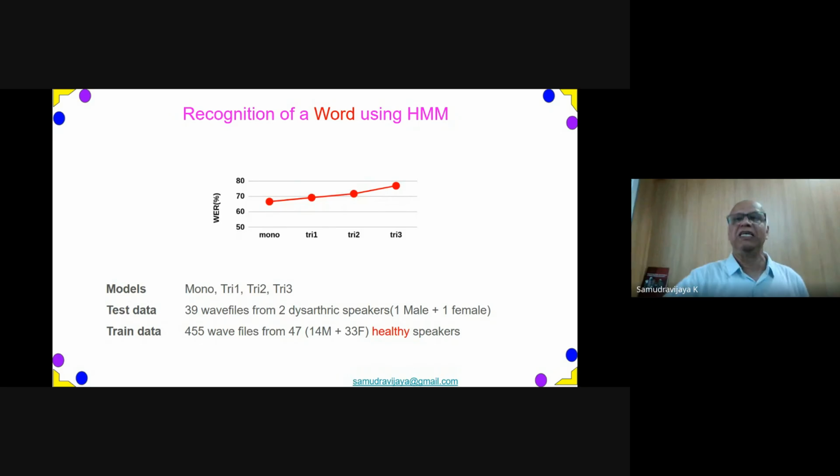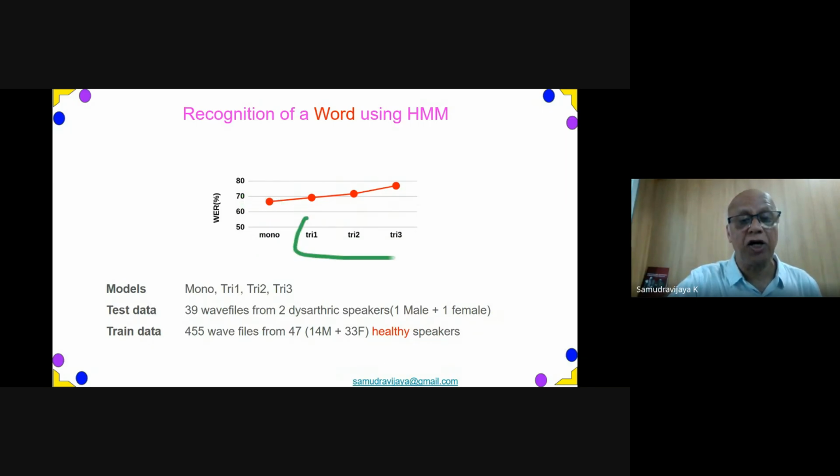Performance of the system is measured by word error rate. It's an error, therefore lower the better. So higher the accuracy, lower the word error rate. Now, if you use a monophone model, that is the simplest type of model, a context independent model, the word accuracy is around 68%.